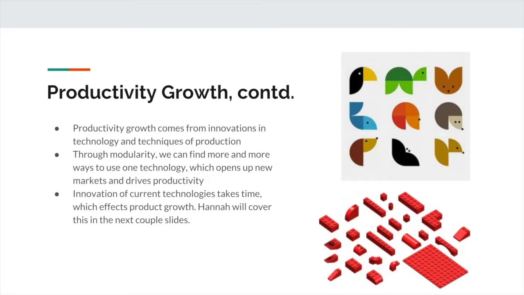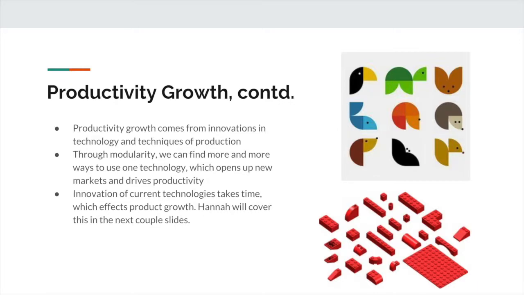So it really describes modularity, where you're given this one pie, but you can create 9 completely different things from the same thing. So you're given a technology, and from a certain technology, you can create many different things and use it for many different purposes from the same technology.